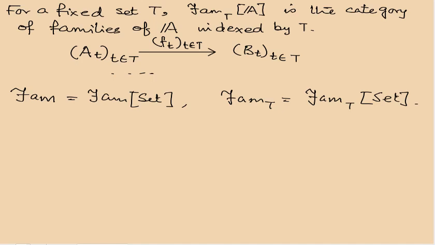Now let's see. I start off with this category of families, and I look into this. I'm going to produce two functors between these two categories.